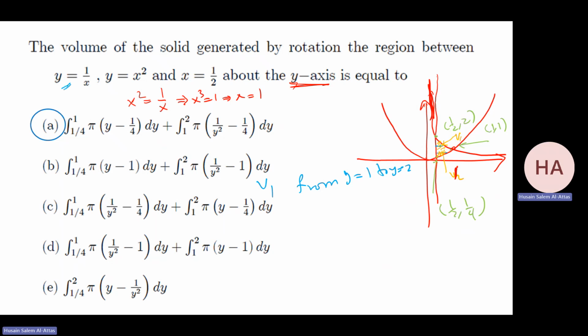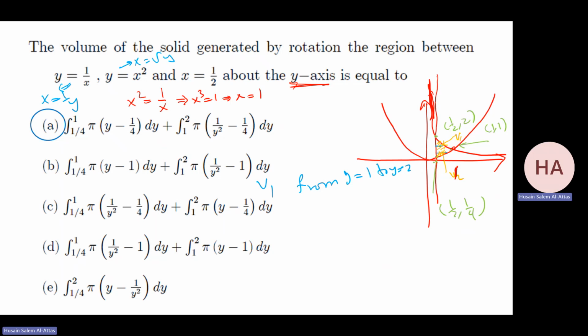Don't forget. So I have x equals 1 over y. And what is the other one? x equals square root of y, since I'm dealing with the first quadrant.